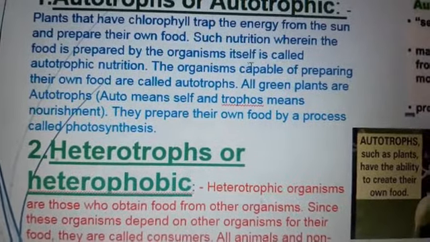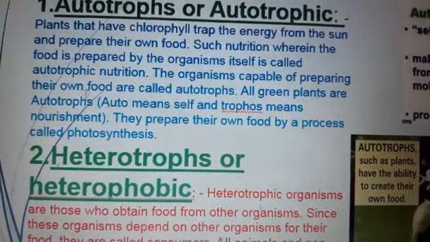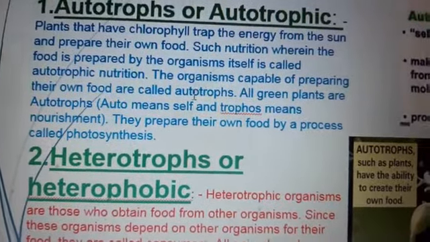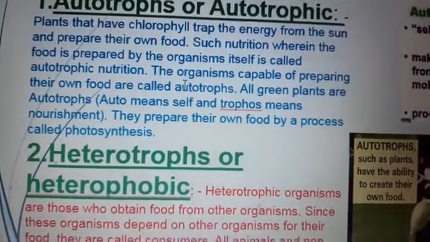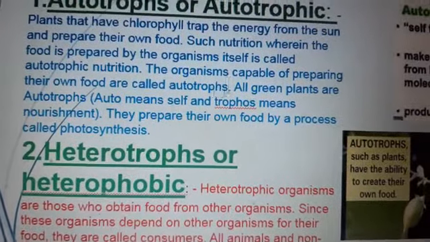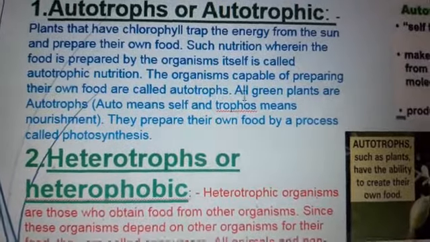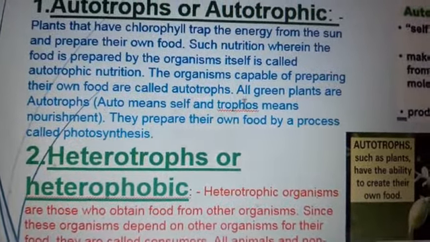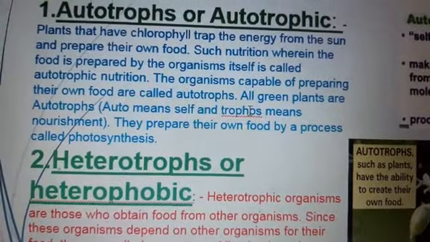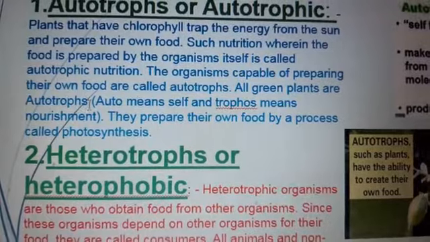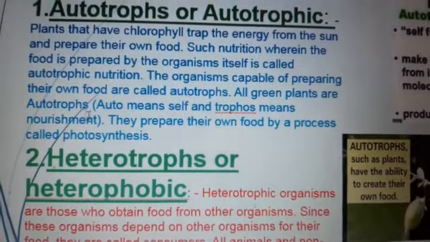Those organisms who prepare their food themselves are called autotrophs. All green plants are autotrophs. So we can say plants are capable of making their own food.